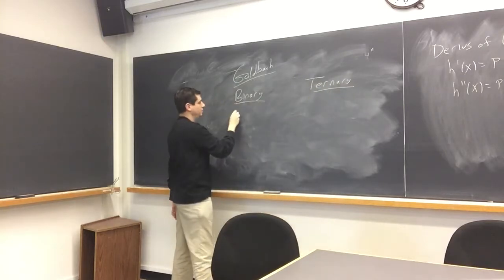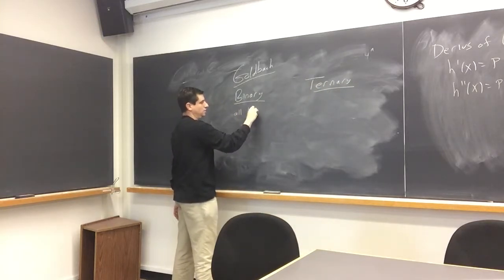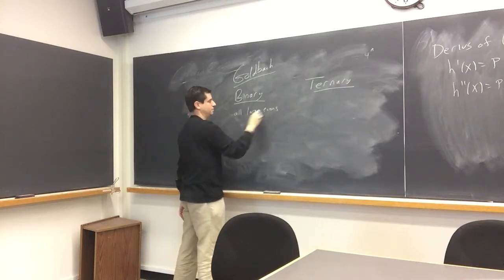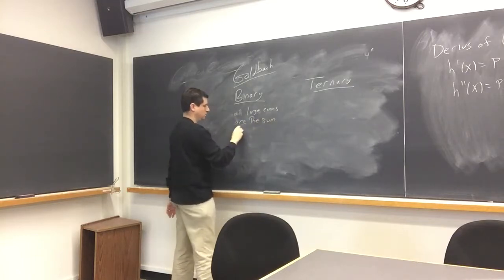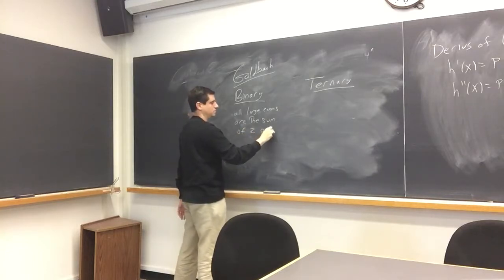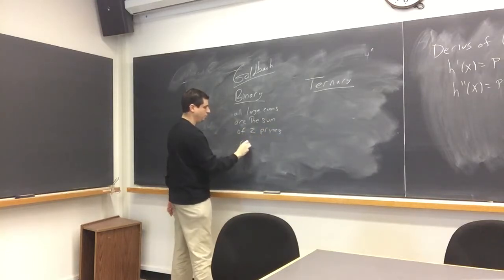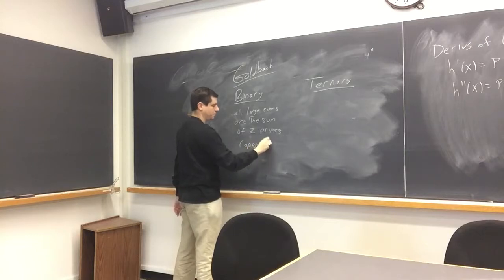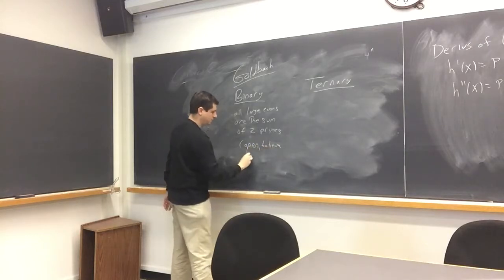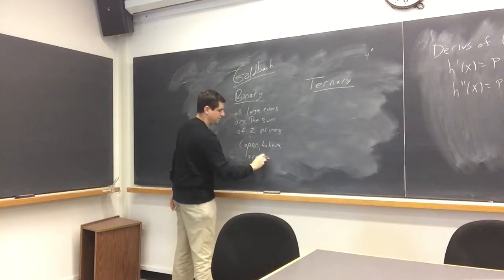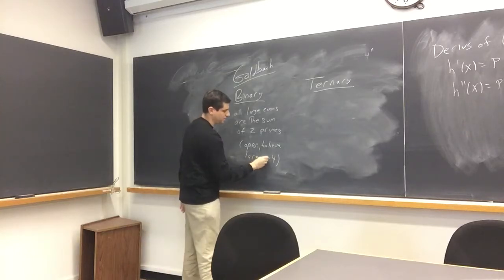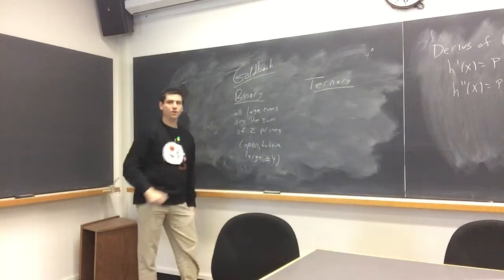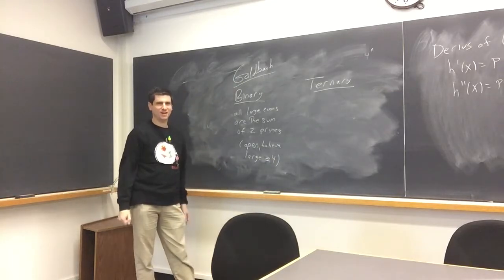The binary is all large evens are the sum of 2 primes. It's open, and we believe large is greater than or equal to 4. I'm sorry, large means 4. That once you get up to 4, that's how high you have to go.